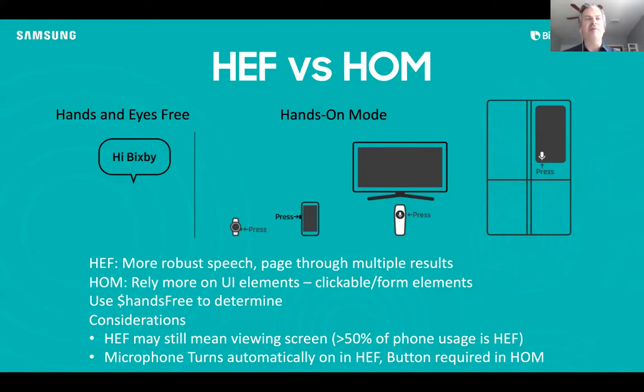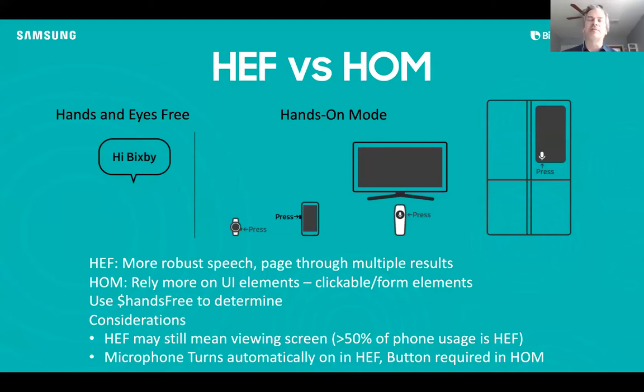If I say hi Bixby, just like in that case, what just happened to me is my phone was like 5 feet away from me, face down on my desk, but it picked it up and it started answering. So I could interact with it, but I couldn't see the screen. So if you're in that hef mode, you want to think about whether you want your dialogue to be more rich.